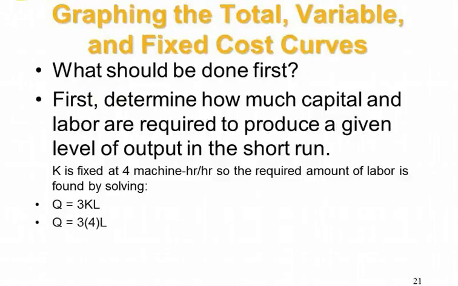So we're just plugging 4 for K, and then we can solve for L. If we want to produce 10 units, we plug 10 in here, and that will tell us how many workers we need. So all we're doing is trying to figure out how many workers we need given our output.